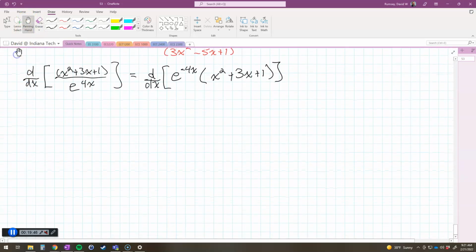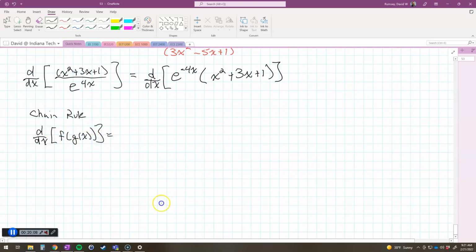Okay, the last special rule here is the chain rule. This is really for composite functions. The rule itself looks a little weird when you first write it down. It's saying if you have a function that's f at g at x, then the derivative is equal to f prime at g at x times g prime at x.